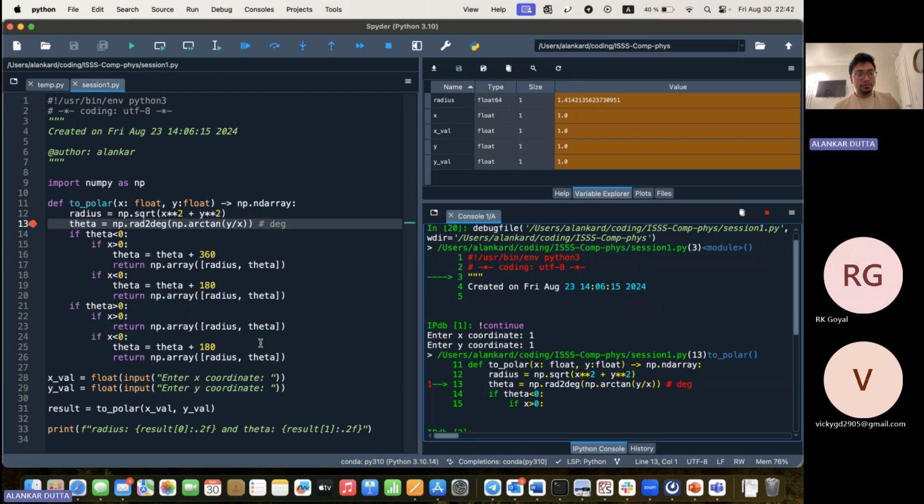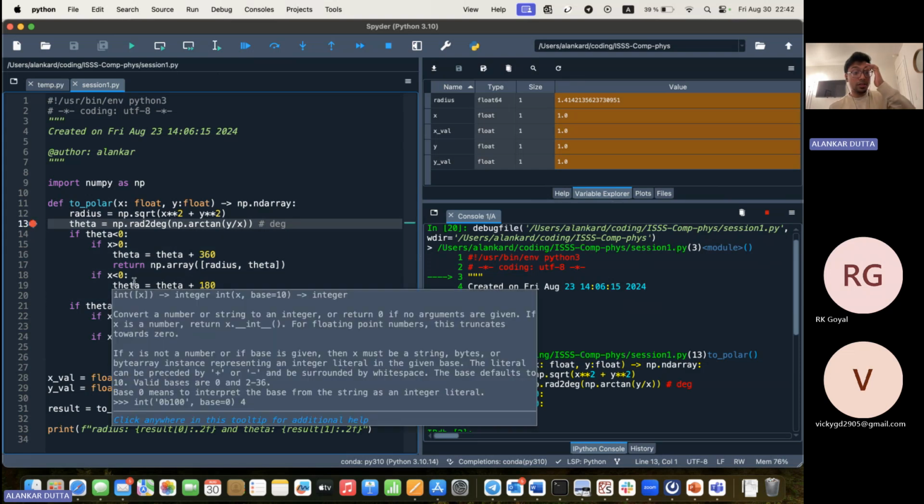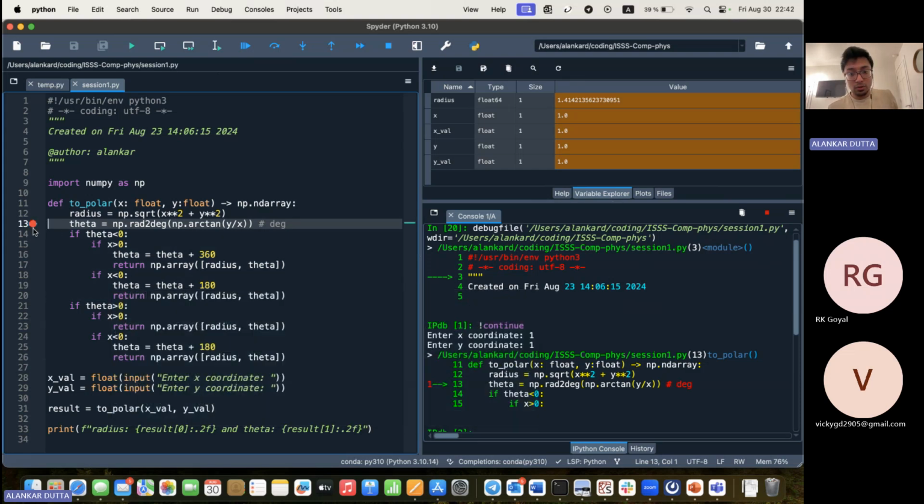Now you can see there is a blue arrow in here just behind the red. Again, we can get rid of the breakpoint just to show you what's happening. This tells you that the code is in line 13, and here also you can see it marks that the code is waiting for you in line 13. Once the code is here, there is this button, which is run the current line.